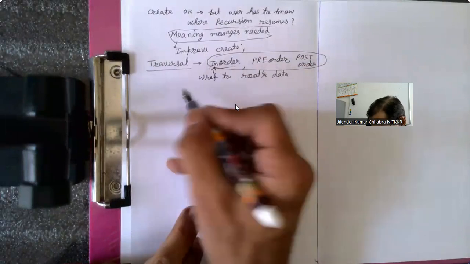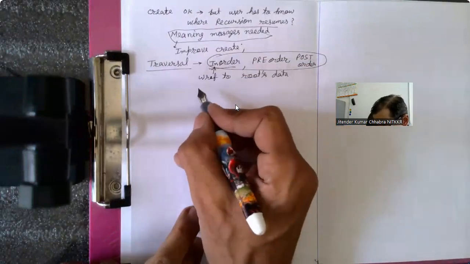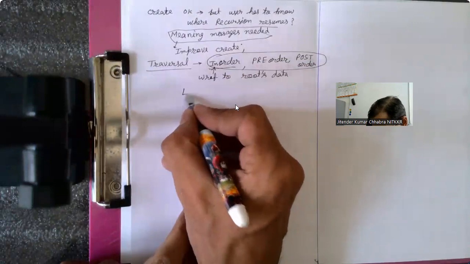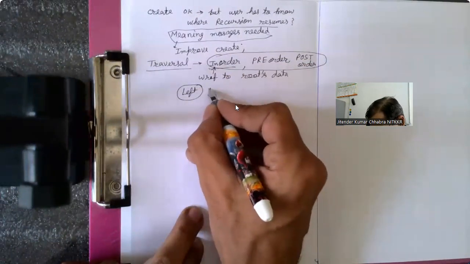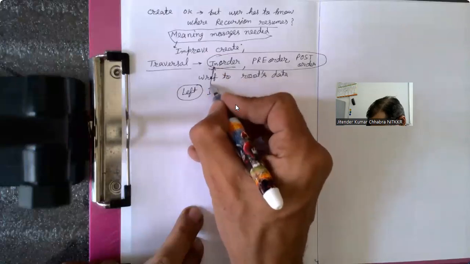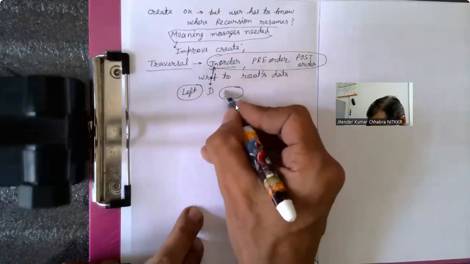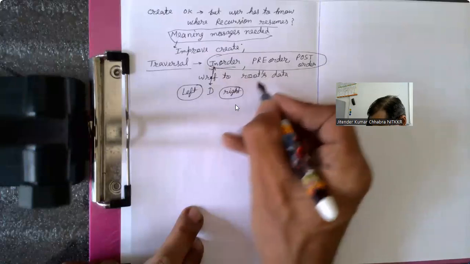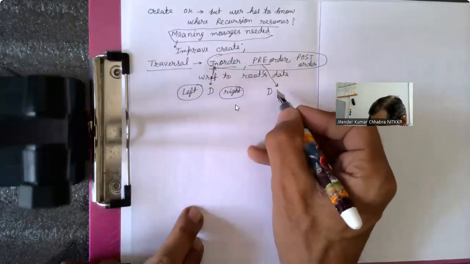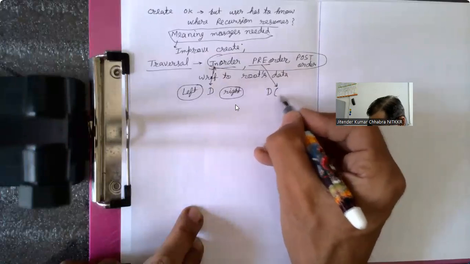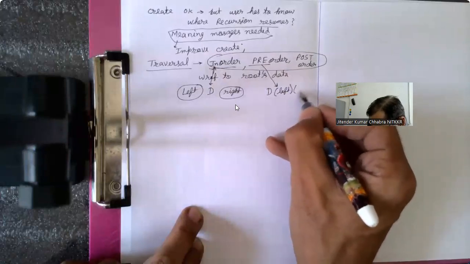Left will always be first, right will always be after left. So in order means left subtree fully traversed, then data, and then right subtree to be traversed. On the other hand, pre-order means node, that is root, to be first, and then left, and then right.